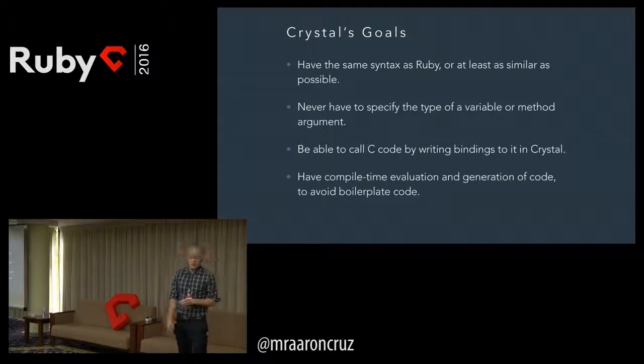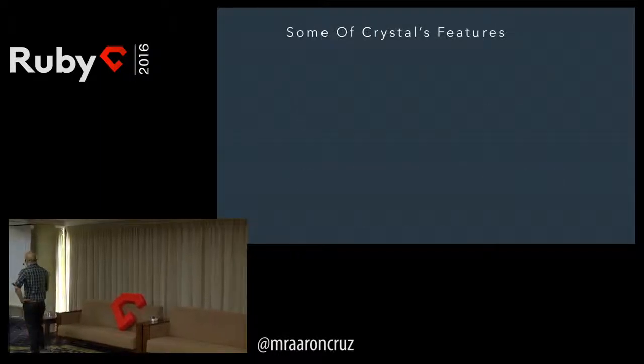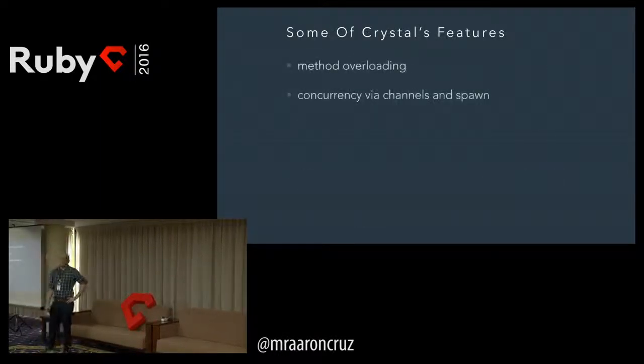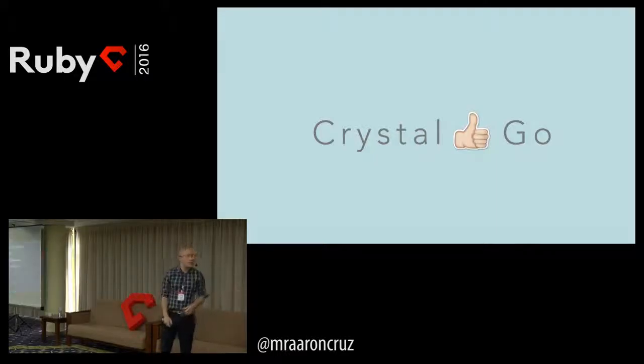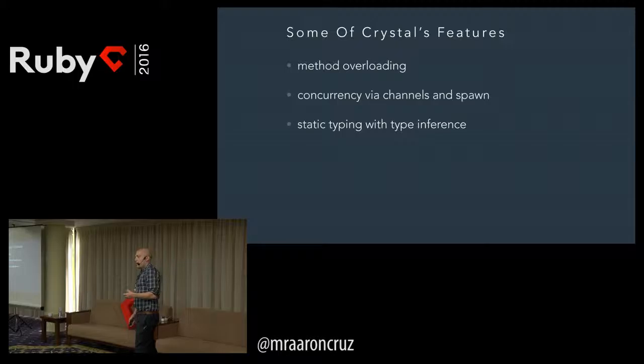It should also be fast and not consume a whole ton of memory. Some of the features are method overloading, like you just saw in Elixir. They're using Go's model, but instead of goroutines they have spawn, and they also use channels. There's a lot of type inference and static typing, and the C bindings are wonderful.